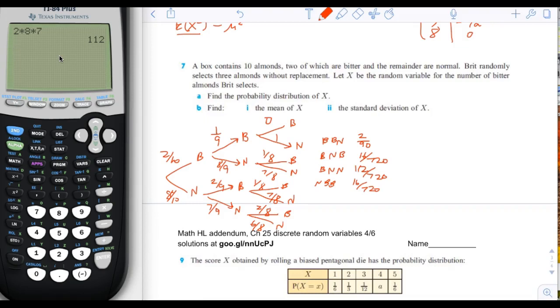And then the next one is NBN, which is 8 times 2 times 7, which is 16 times 7. We already calculated that, so it's 112. And the next to last one is NNB, which is 8 times 7 times 2, which is 112.